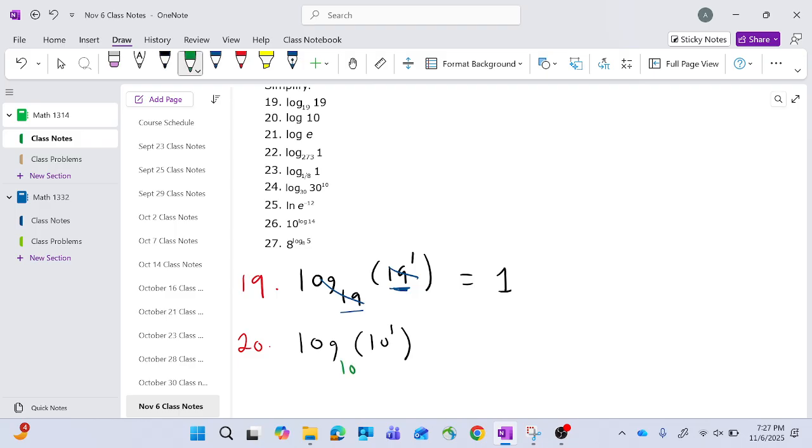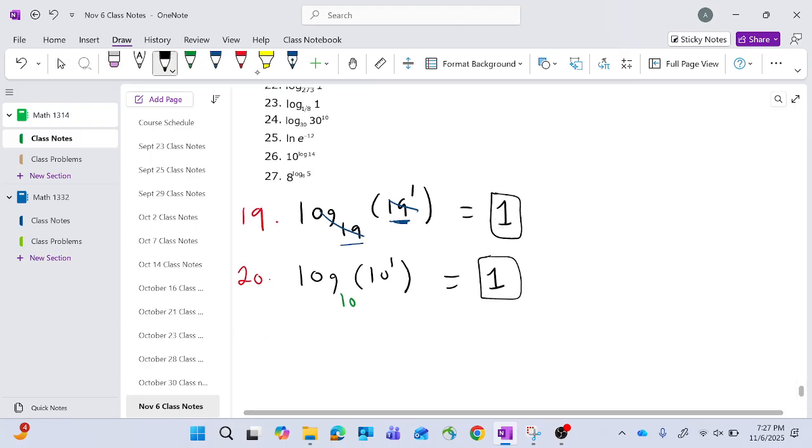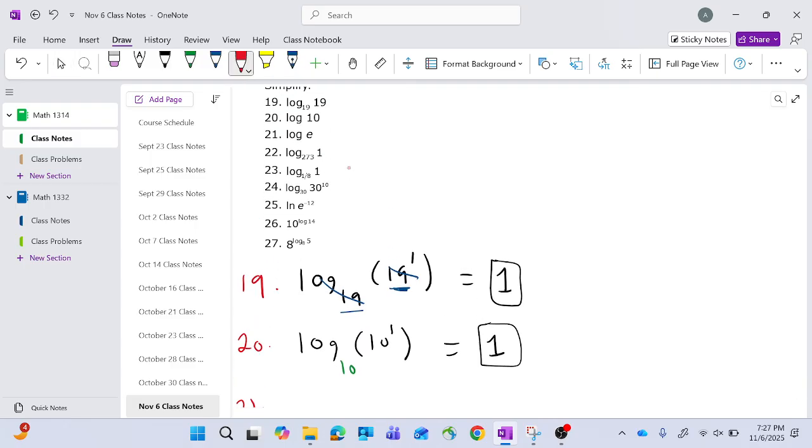It's just 1. The log base 10 and the 10 cancel out, and you're just left with 1. Everyone with me, guys? So 21, log base e.